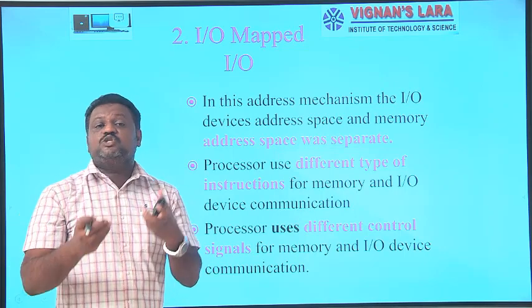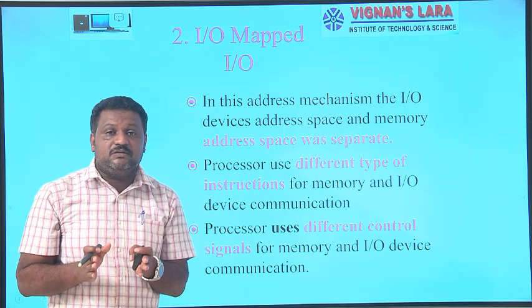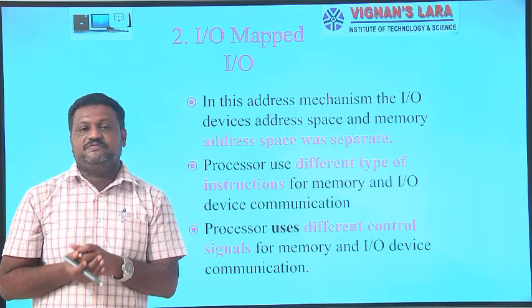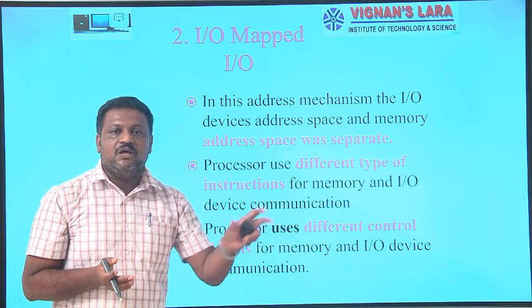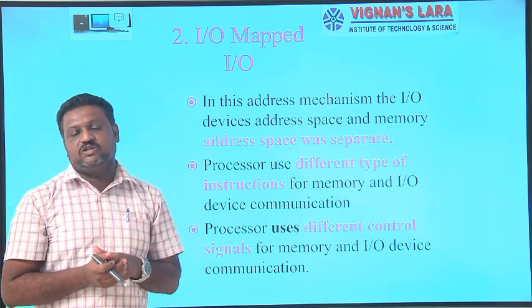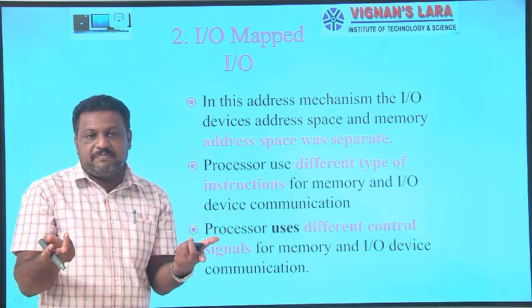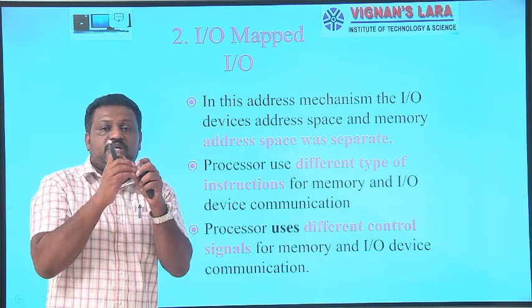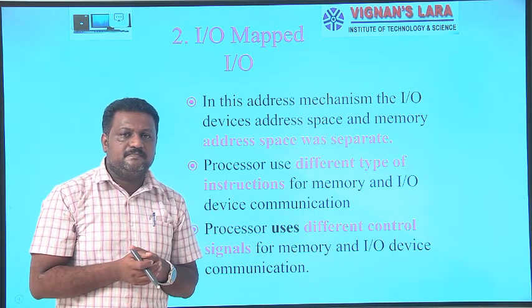Because in case of IO mapped IO or isolated IO, your CPU treats a memory location as different and an IO device as different. Both are not the same. That's why the IO address space is different from the memory address space. But in case of the previous one, that is memory mapped IO, the memory address space and IO address space are both shared from a common address space. But here both are different.